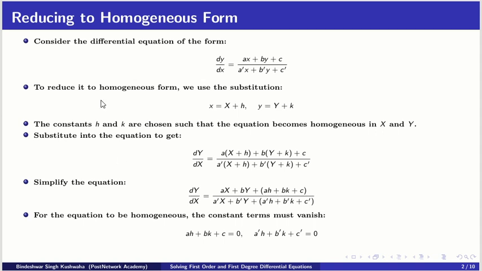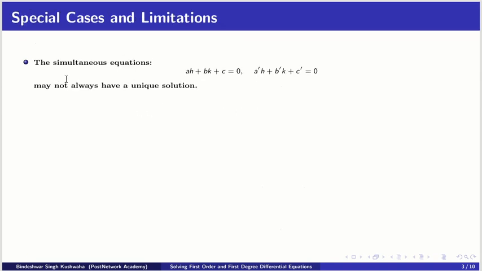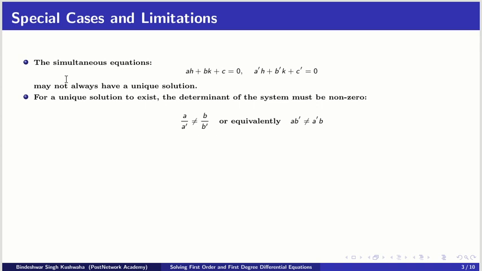So we will get this equation, and when we simplify, we will get this one. What we need to do is make these two portions 0, so we will get the equation in homogeneous form. These two equations would be 0, and then there would be two equations, which may not always have a unique solution.